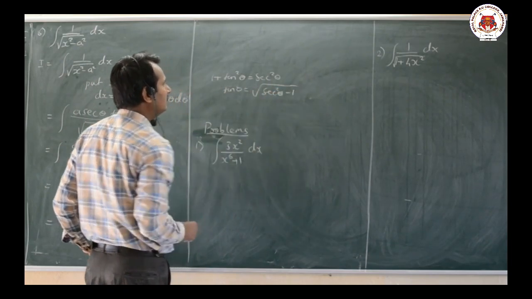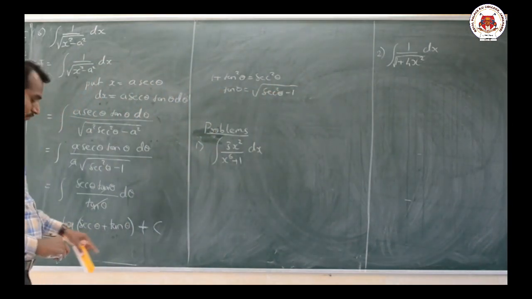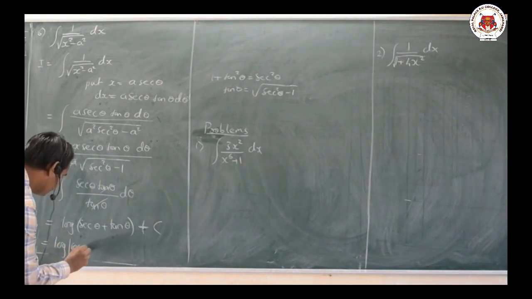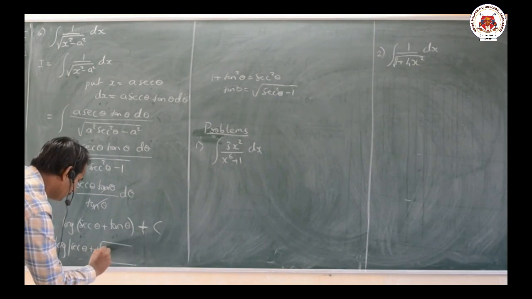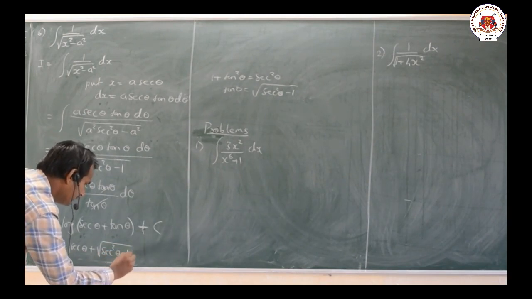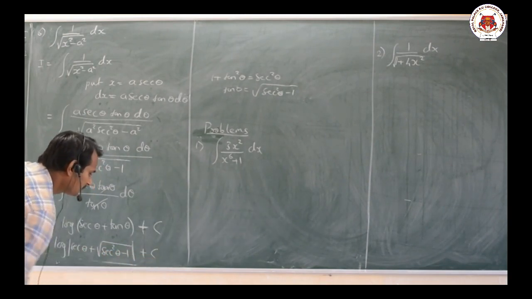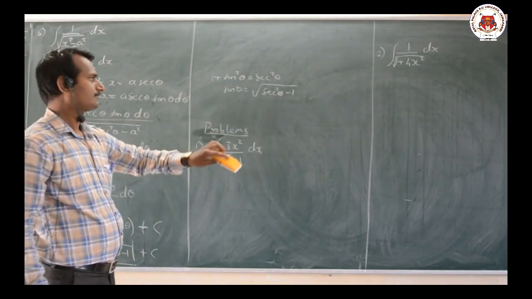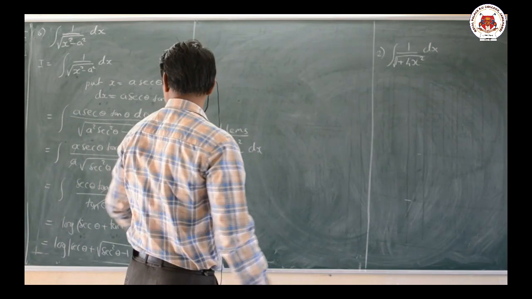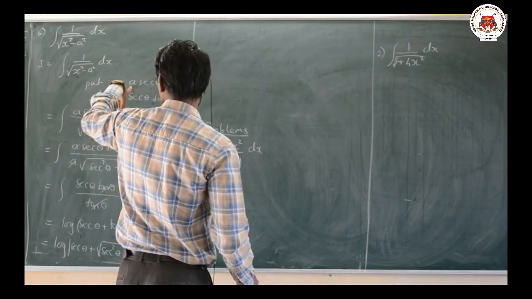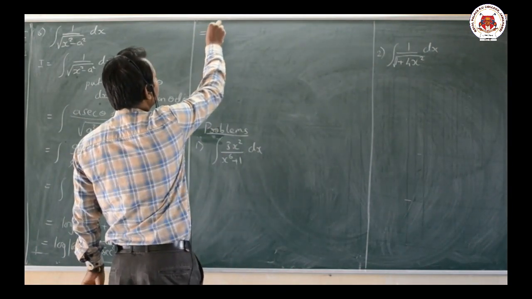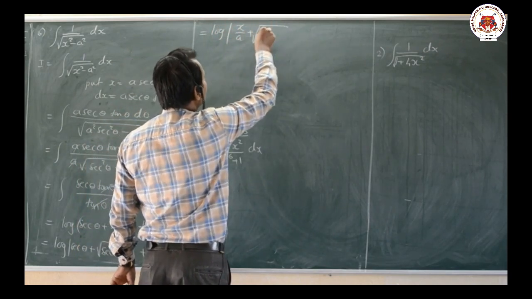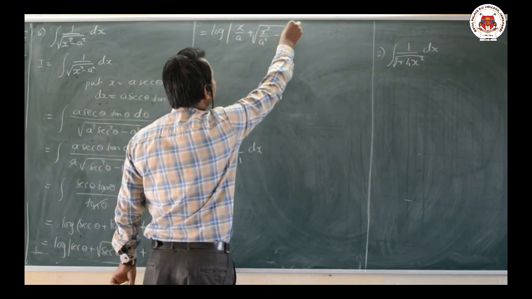Substituting these values, we get log of secant theta plus root of secant square theta minus 1, plus an integral constant c. Next, I will substitute secant theta as x by a, which is equal to log of x by a plus root of x square by a square minus 1, plus c.